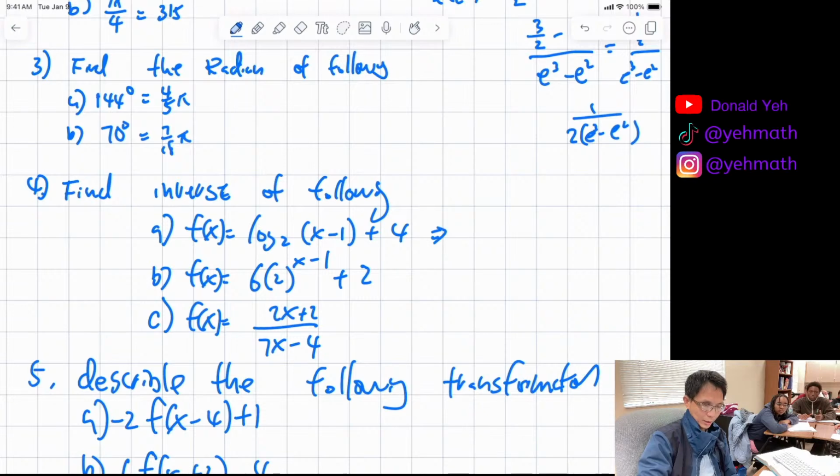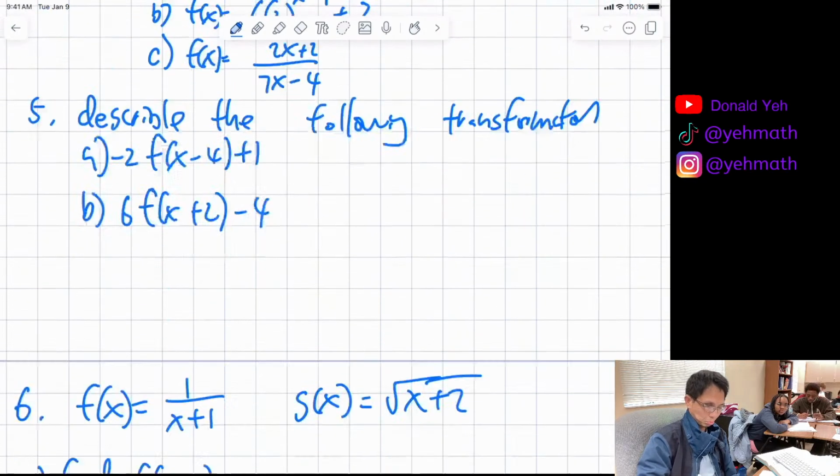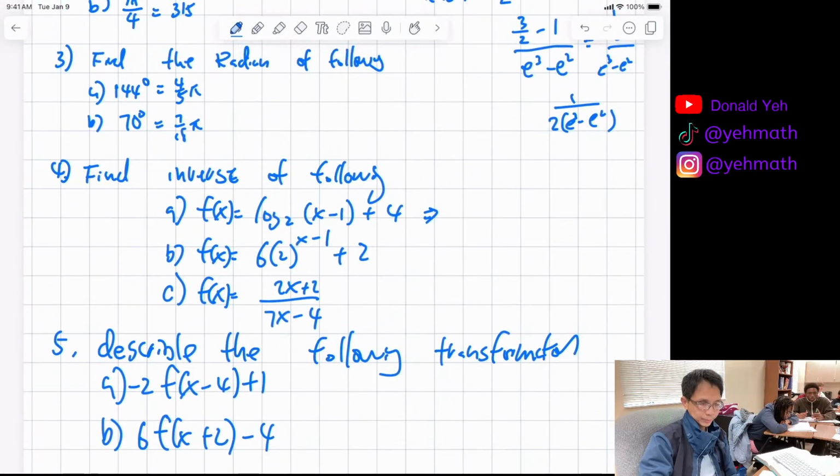What is the inverse of this one? Anybody can tell me what's the inverse of this one? Lena, I cannot hear you. Gotta speak up loud.